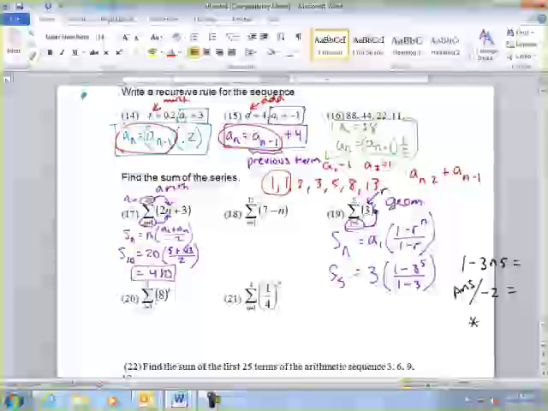And then I go times, and the calculator says ans, and I multiply by that 3 that's in the front. So I type it in multiple pieces. If you want to do it all at once, you need lots of parentheses so that your calculator understands your order of operations. So I think it's a little bit easier if we just break it up. And that gives 363 for that answer.